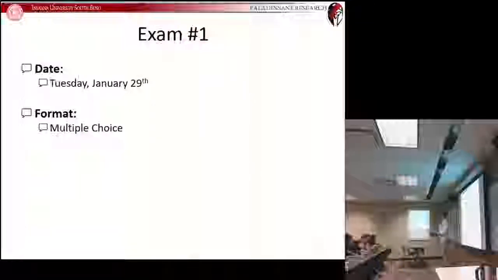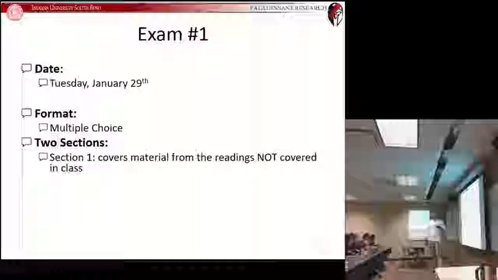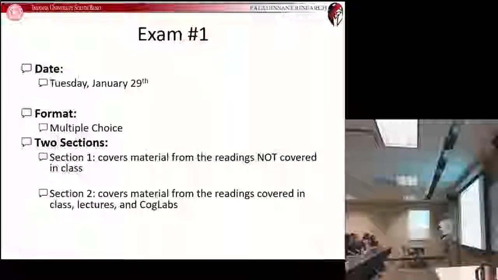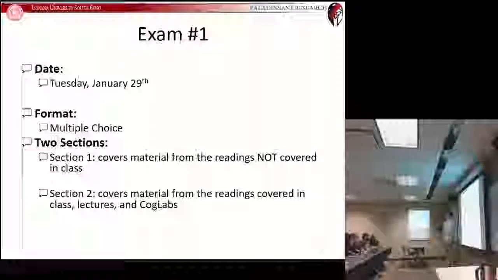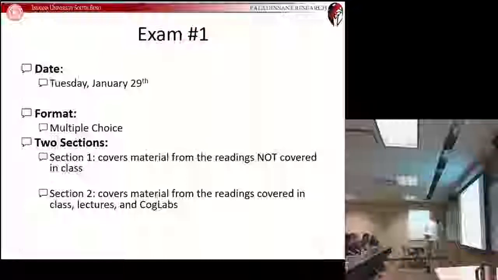For those of you who have had one of my classes before, this will be familiar to you. For those of you that haven't, I have 2 sections to all of my exams. Section number 1 is where we test you on material from the readings that was not covered in class, whereas section number 2 covers material that is covered in class, material specifically only in the lectures, such as representation and AI, and the Cog Labs, because we're going to go over those in class as well.